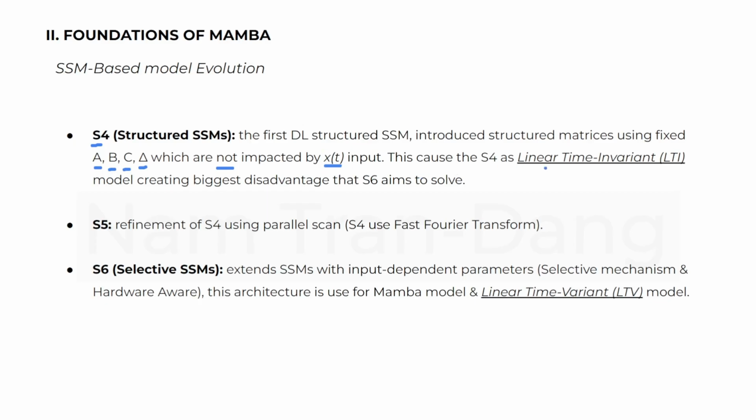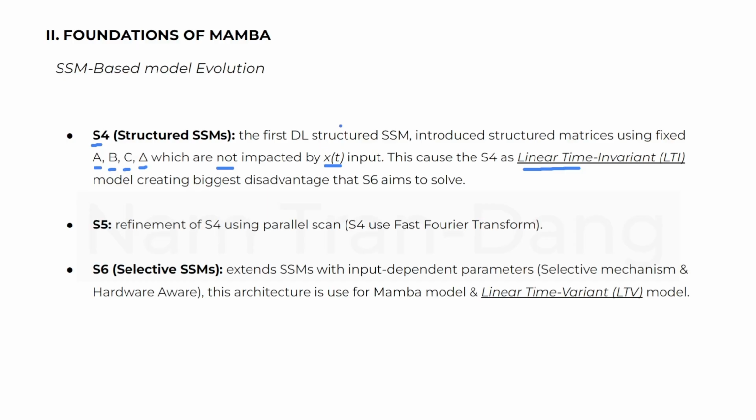S4 is called linear time invariant. So what is linear time? Like I mentioned before, the SSM is linear time. That means it scales not in quadratic, but just O of L or O of 1. And invariant means it's not changing over time.